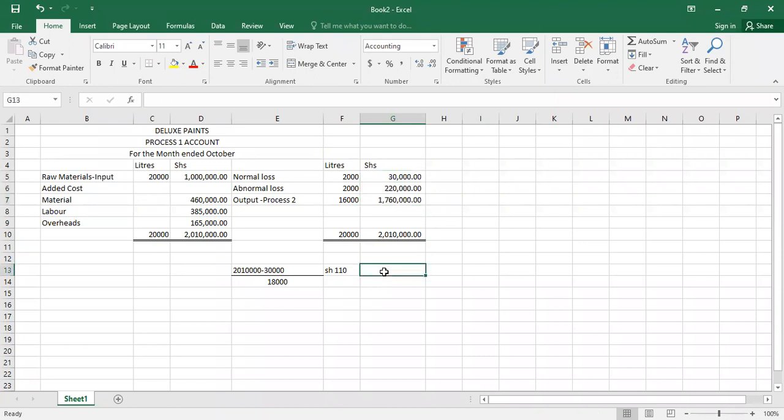So getting the results for process 1, I've said, is not a big deal because you are being guided by the ab initio information, or the information that you get from the word go. What you need to know is that you have to value the abnormal loss at the cost per unit of the completed or the finished goods in that particular process.